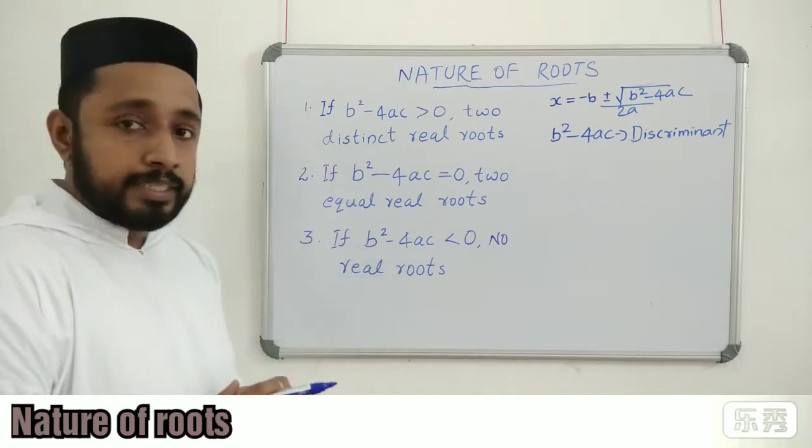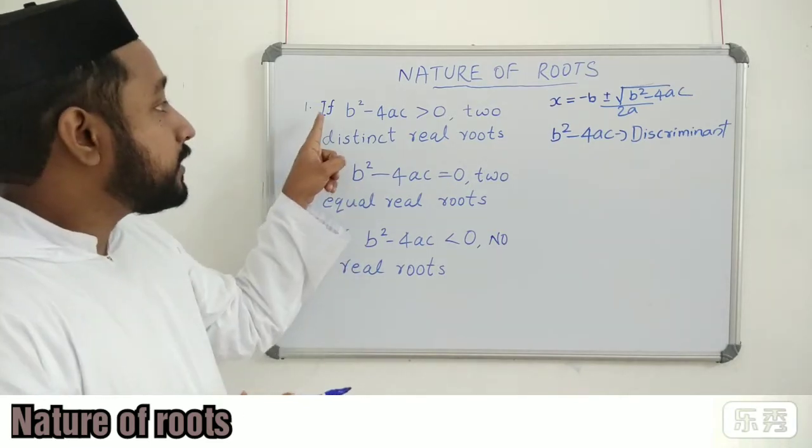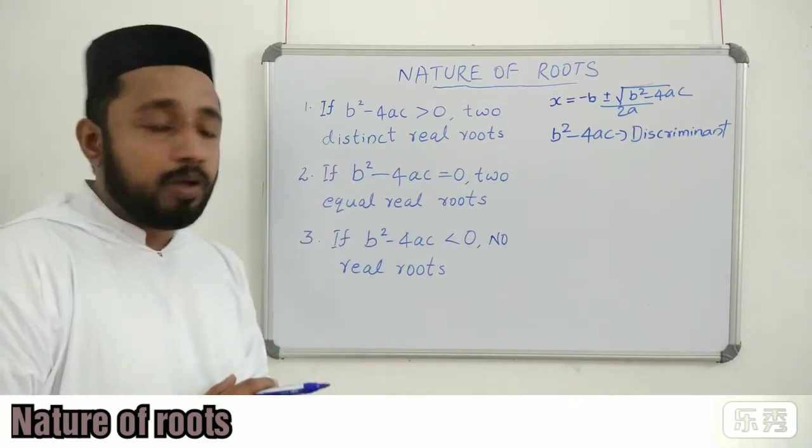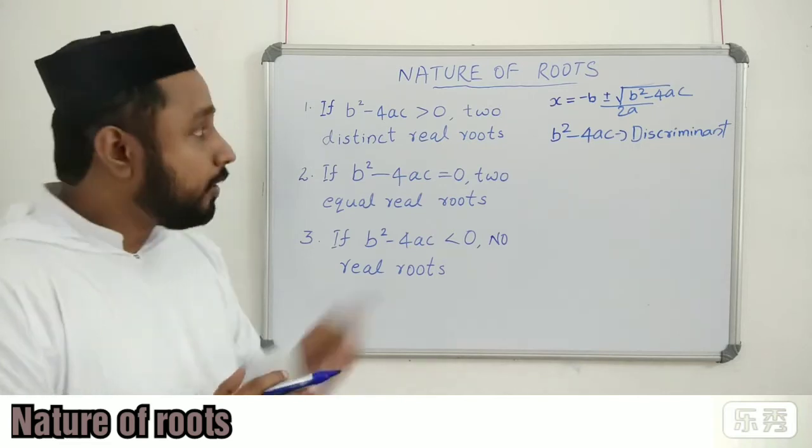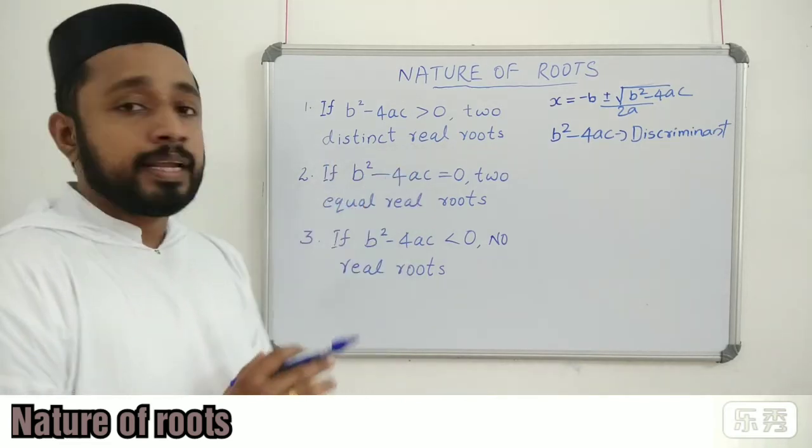There are three conditions. The first condition is that if b² − 4ac > 0, there are two distinct real roots.